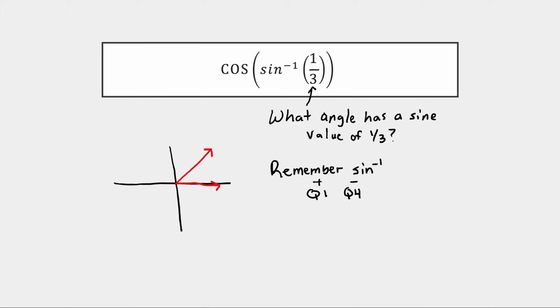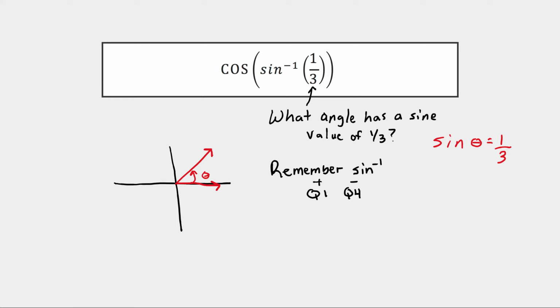Okay, so once that's done, then the next thing that I'm going to do is I'm going to use what I know about a right triangle and the sine value. So I know that if this angle that we have just drawn, I'm going to call it theta, I know that that angle has a sine value of 1/3.